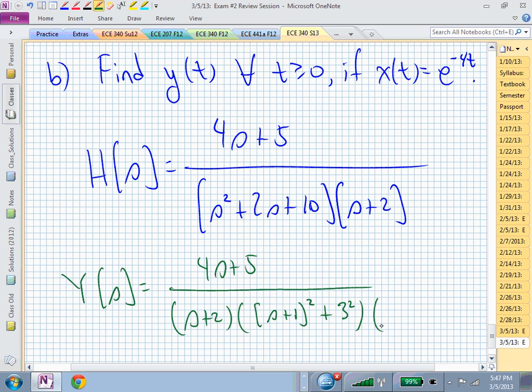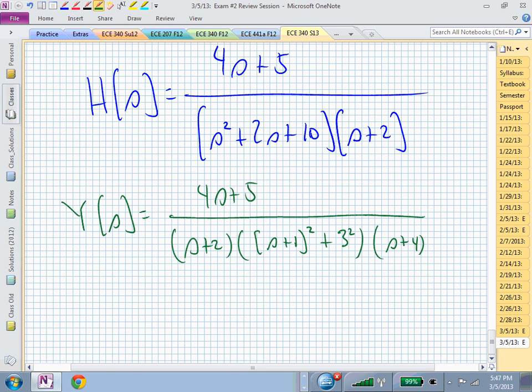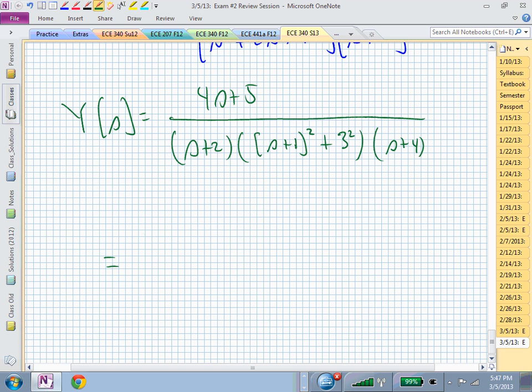And you also have the capital X of s giving rise to that factor, which says that you could now write this as A over s plus 2 plus B over s plus 4 plus, and you could do this many, many different ways.